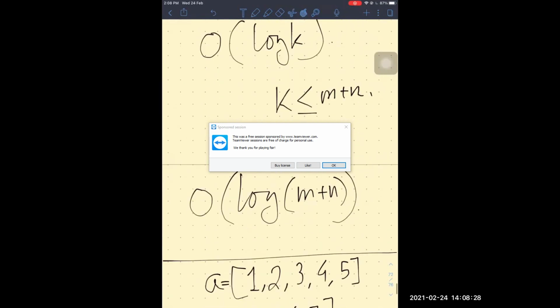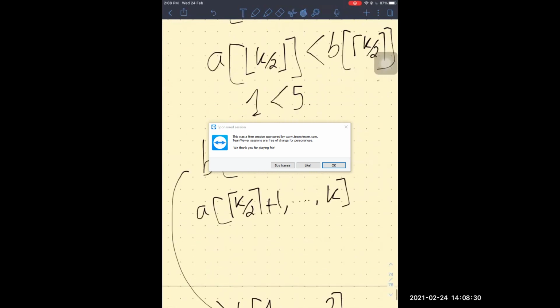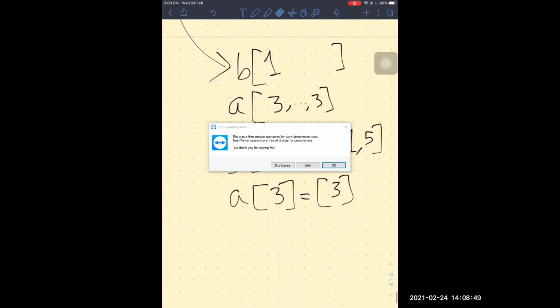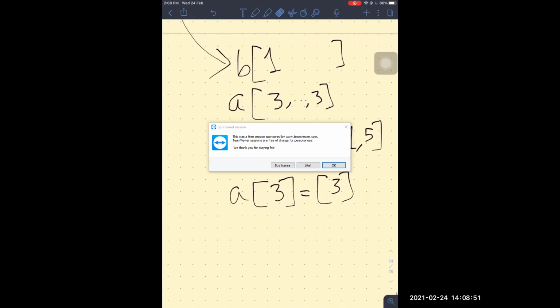Let me check. Yeah, this one will be floor. Thank you for correcting. Okay, sorry, it just wasn't making sense before. So this will be just one and that. So the smallest element must lie somewhere here.